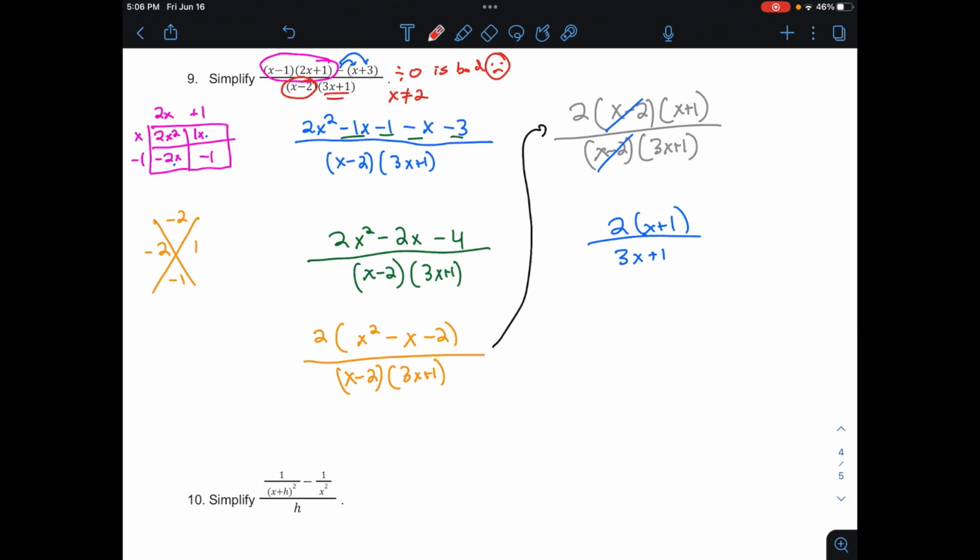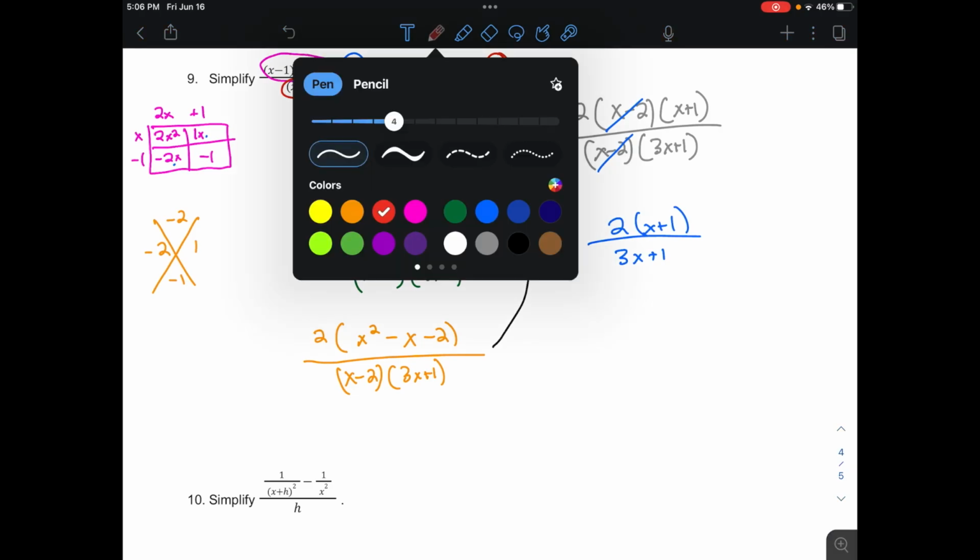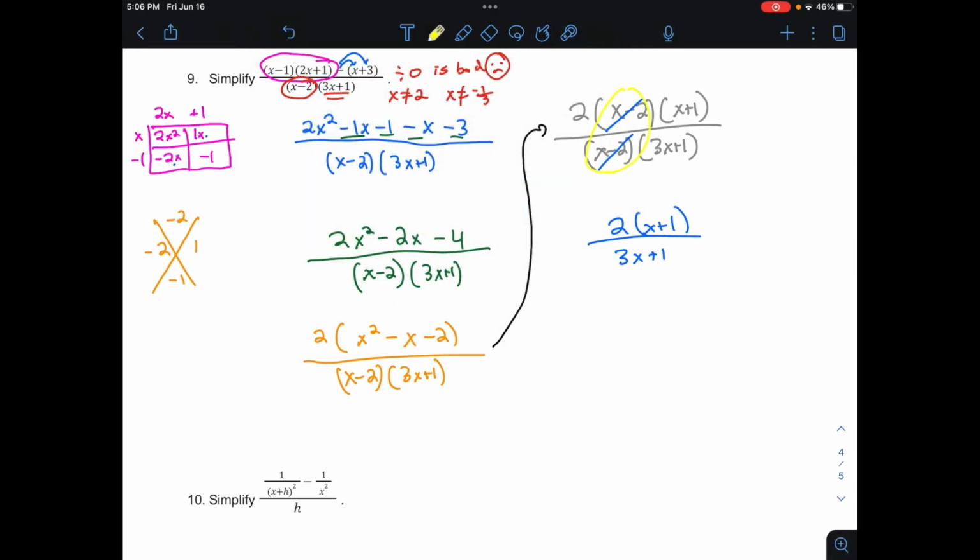So x does not equal 2. And then here, if x were negative 1/3, we would have a problem. Here, that's still evident. Like, x does not equal negative 1/3. I can still see that by looking at my function. But what I can't see, because I lost it, because I canceled it, is this. Lost in yellow. See, it's hard to see. It's lost. Sad.